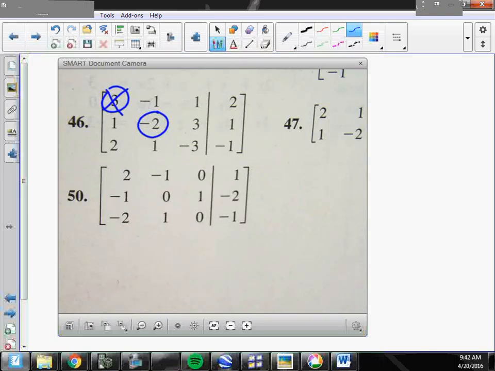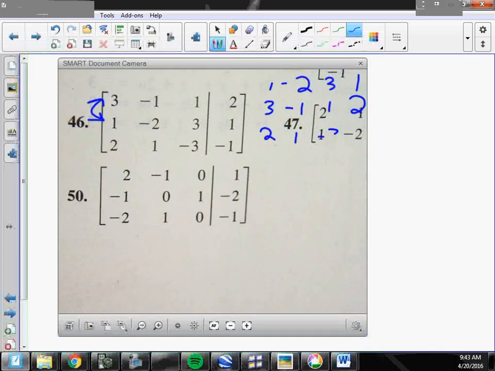Right? That 3 is going to go away, so it's going to change the next step. So you really can't think that far ahead. Which row is going to be the best? All right, I'm switching these. So 1, -2, 3, 1, 3, -1, 1, 2, and 2, 1, -3, -1.